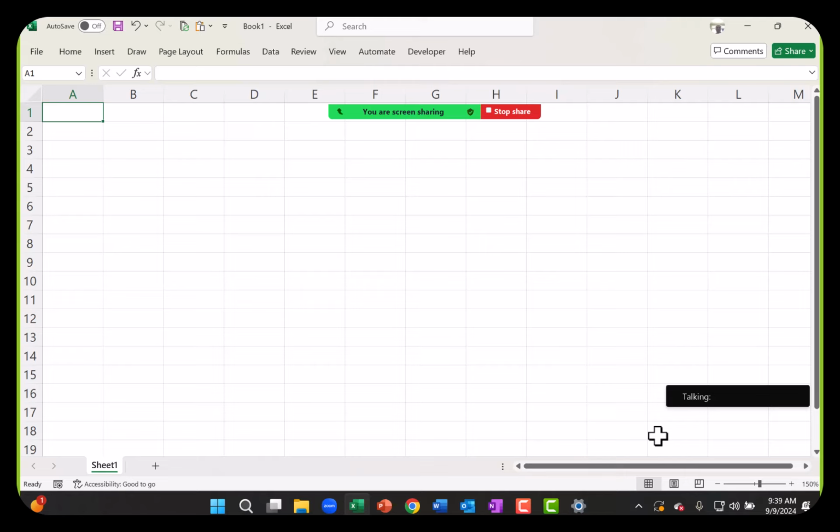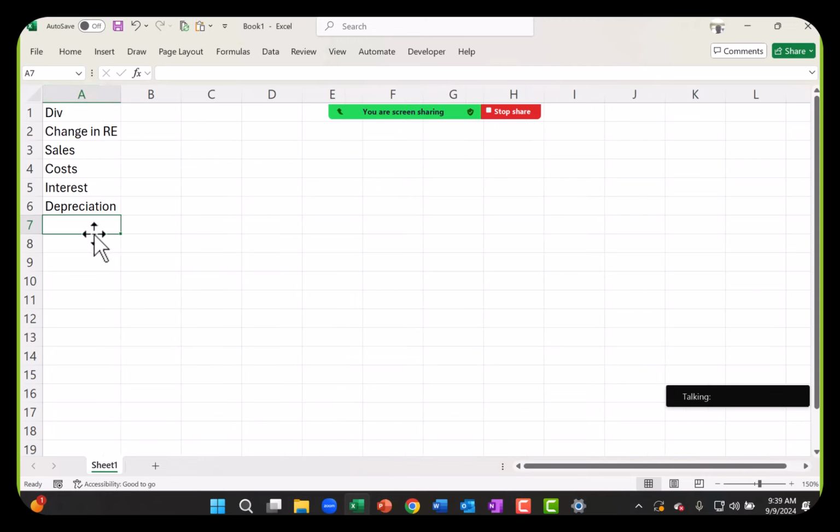Suppose I told you dividends, change in retained earnings, sales, costs, interest. I'm just going to put in numbers: 1,000, 10,000.